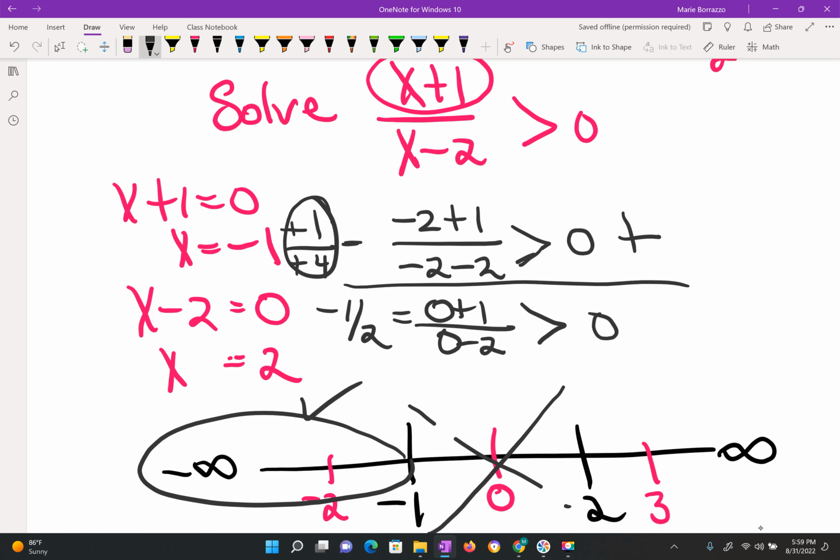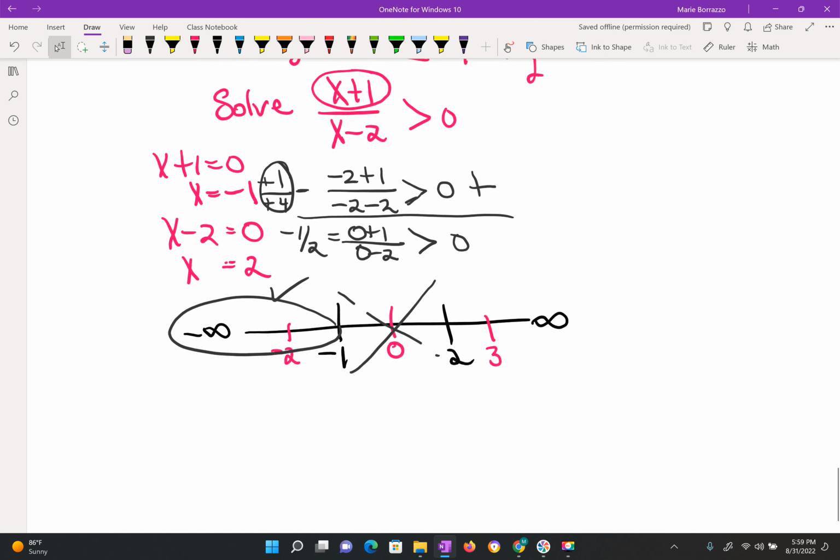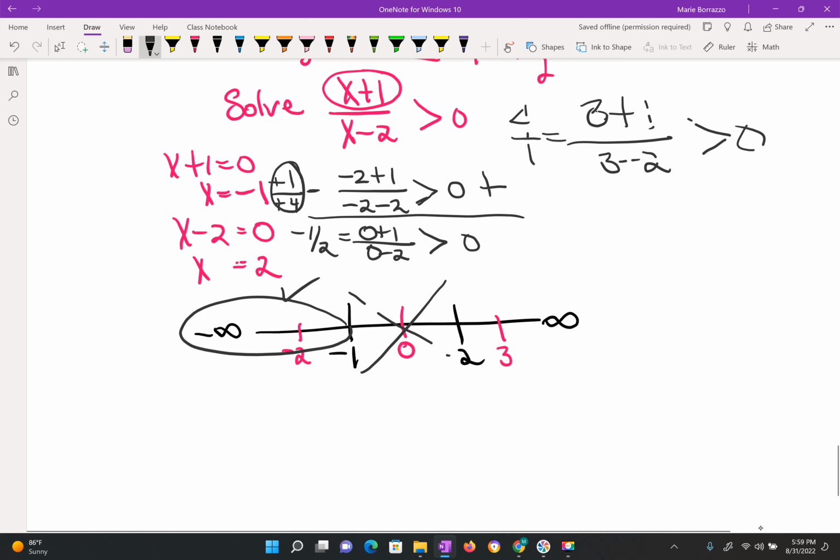Does that make sense? All right. And the last one, since I'm running out of space, let's do it here. I'm going to do 3 plus 1 over 3 minus 2. Is that greater than 0? Well, this gives me 4 over 1, which is 4. We're good. So this interval is good.